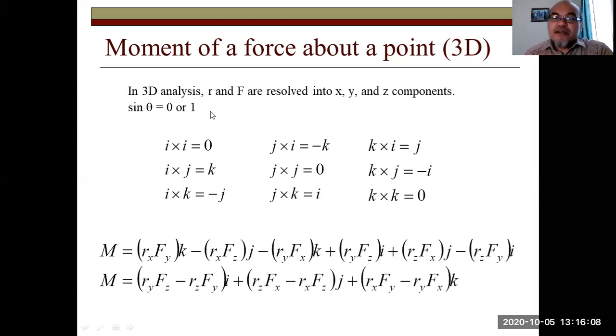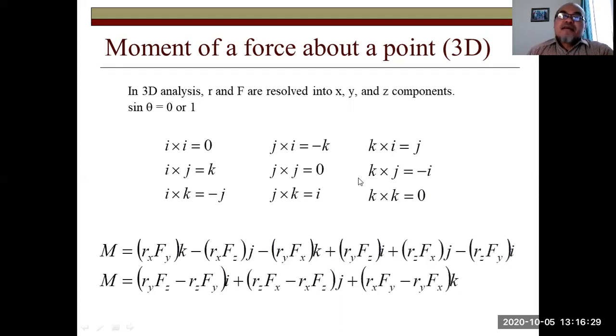From the formula of cross product, we know the result is the magnitude of each vector multiplied by sine theta. Since theta is 0, sine 0 is 0. So i cross i equals 0, j cross j equals 0, k cross k equals 0.